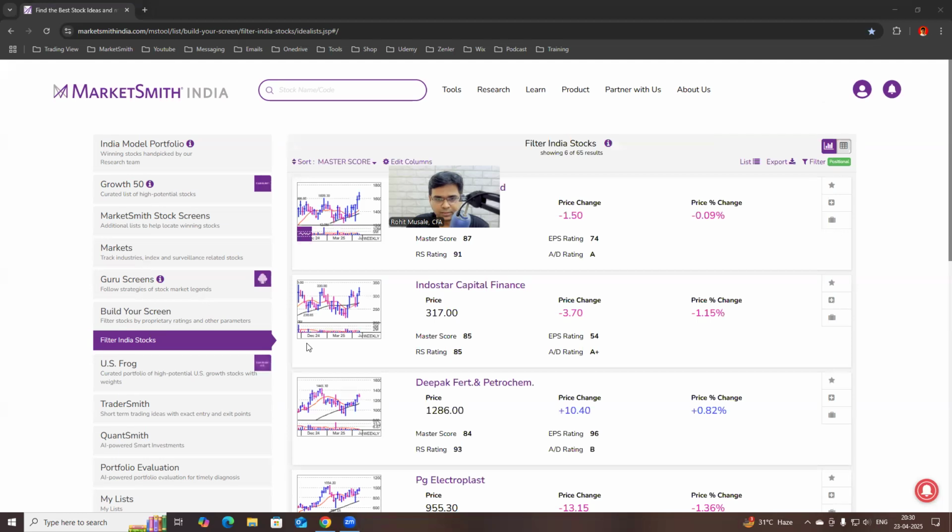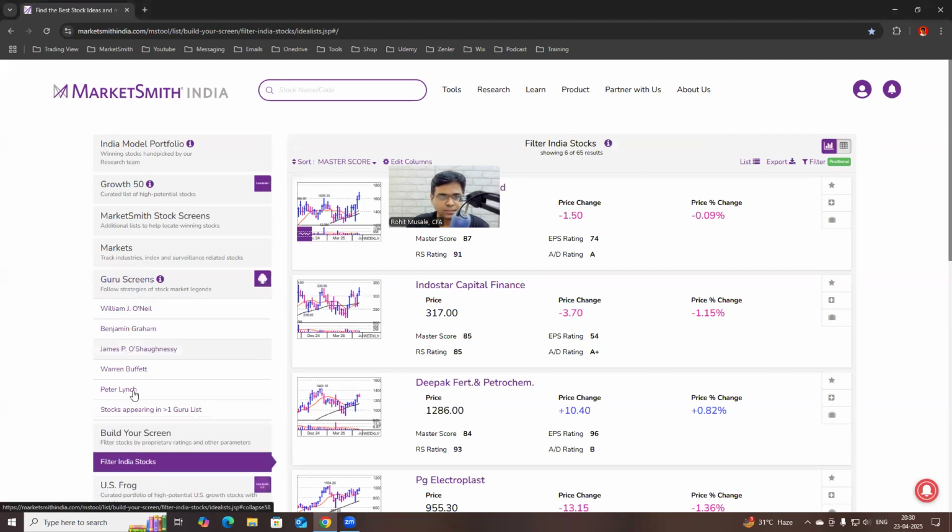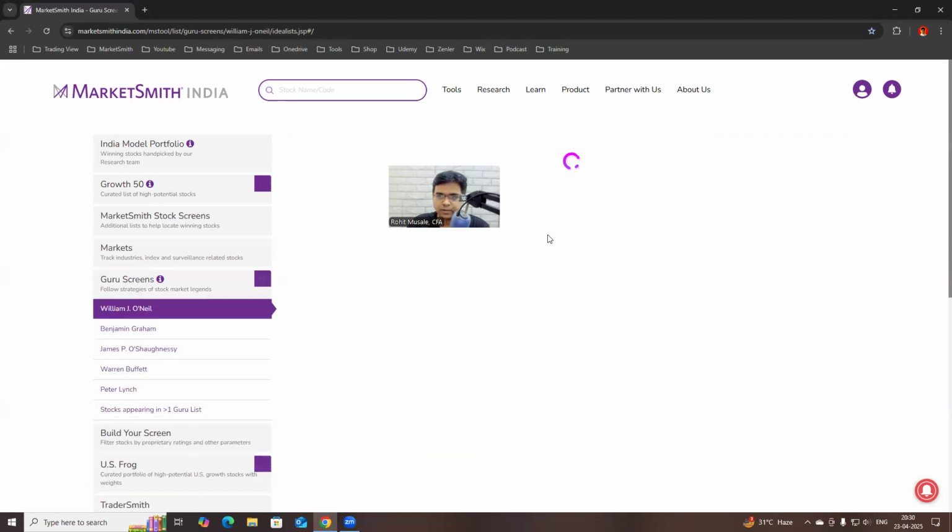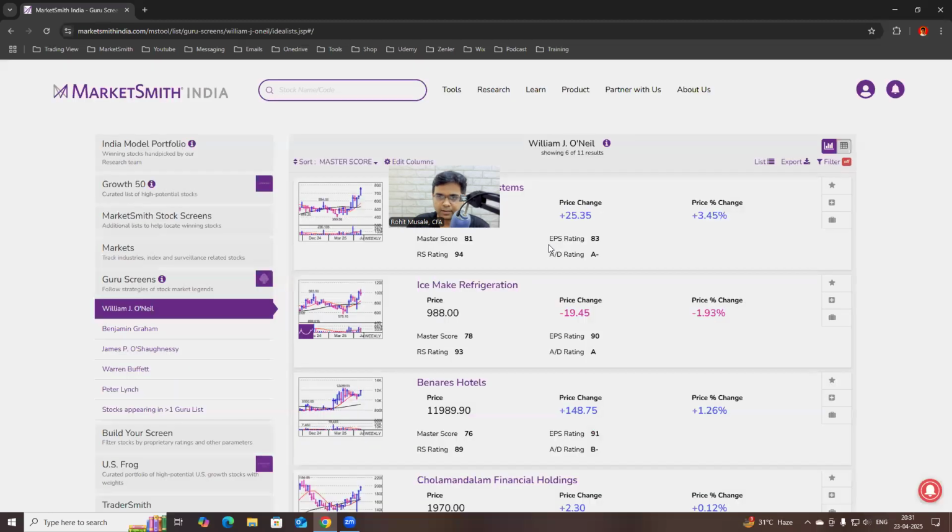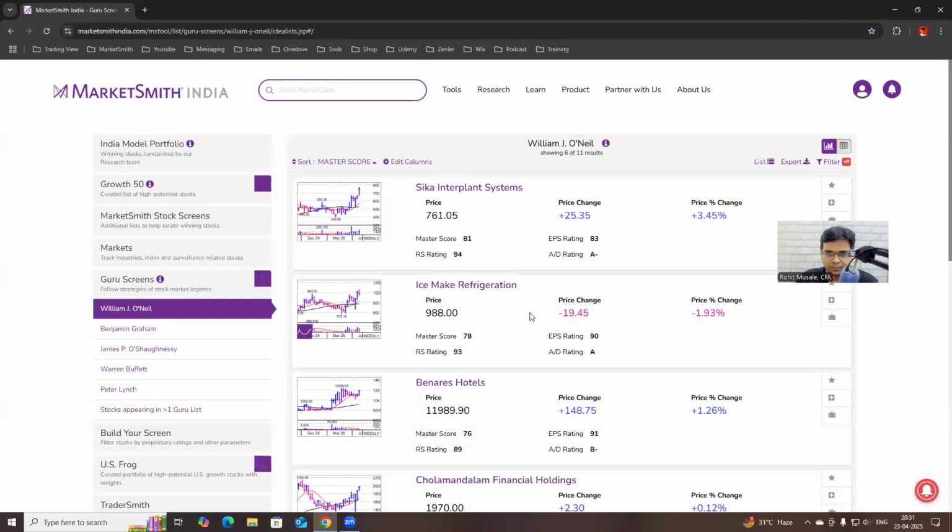Now you see there is guru screens here. If I click on William O'Neill, okay, there are 11 stocks coming in this filter. But this filter is a very strict filter. What I have understood by reading Mark Minervini's books and William O'Neill's books is they were looking at stocks by not putting in too many filters.